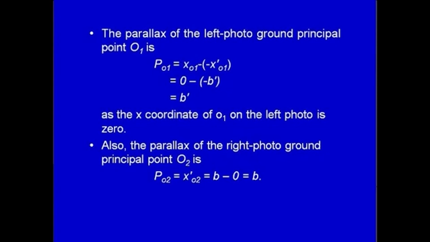Similarly, the parallax of the right photo ground principal point O2 is P O2 equal to x O2 minus x dash O2, which is equal to b minus 0, which is equal to small b. Thus, it is seen that the parallax of the left ground principal point is the photo base b dash measured on the right photo, and the parallax of the right ground principal point is the photo base b measured on the left photo.